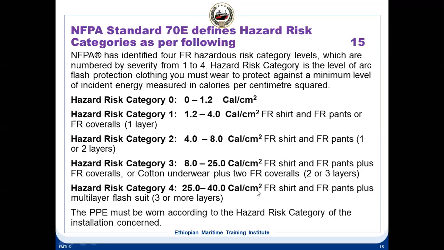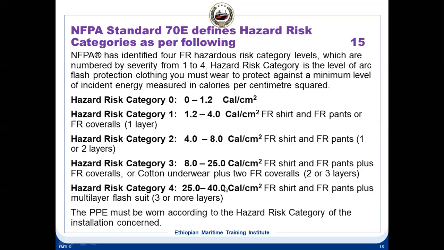You can see here roughly 1.2 calorie approximately corresponds to 48 degree Fahrenheit. 4.0 calorie relates to 85 Fahrenheit. 8.0 is equivalent to 138 Fahrenheit. 25 is related to 365. 40 means 565 Fahrenheit. The equivalent temperature for 40 calorie per centimeter square is approximately around 565 degree Fahrenheit.